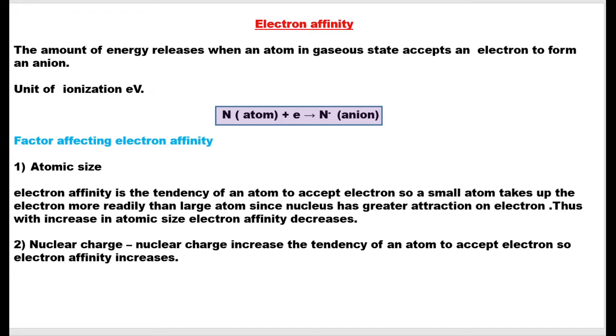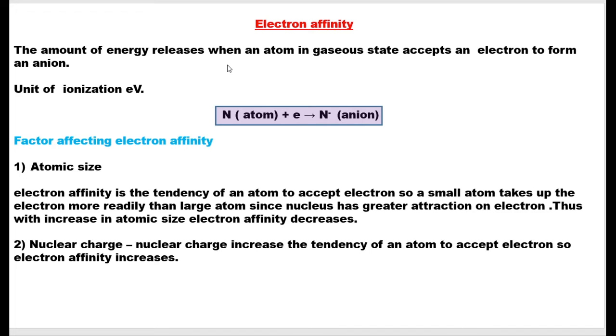But remember one thing: in case of ionization potential you were supplying energy, in case of electron affinity you are releasing energy. The second difference is, in ionization potential you were forming a cation, but in electron affinity you are forming an anion because you are accepting an electron. Due to acceptance of an electron, an excessive negative charge develops over the atom.